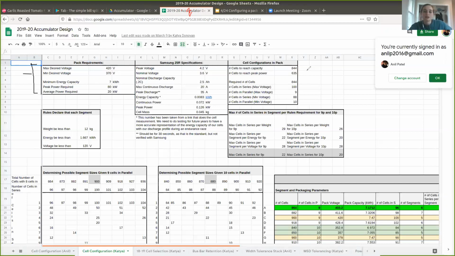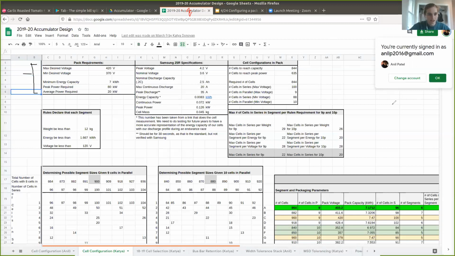So it takes the amount that we need for the peak, for what our pack minimum needs to be, and separates those. If you divide it into segments and it's like 0.7 or something, it will always take the maximum of the cells. So you figure out the cells in series and cells in parallel, and you get a certain amount of range.